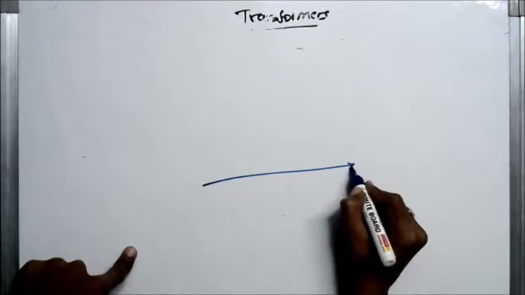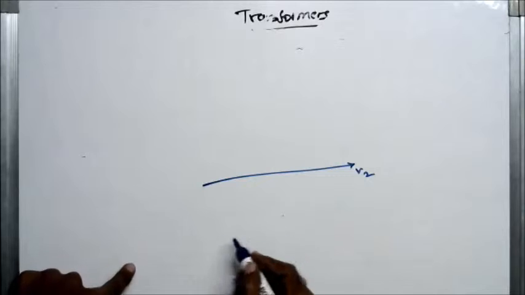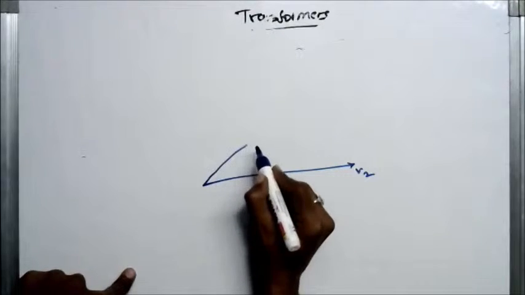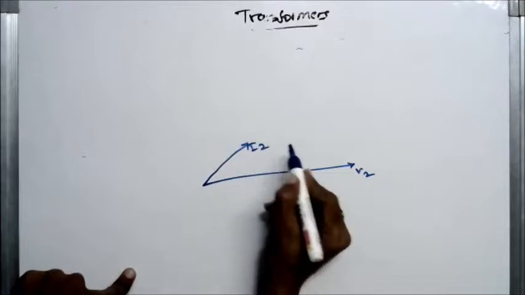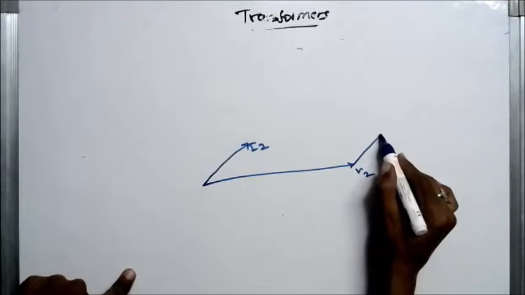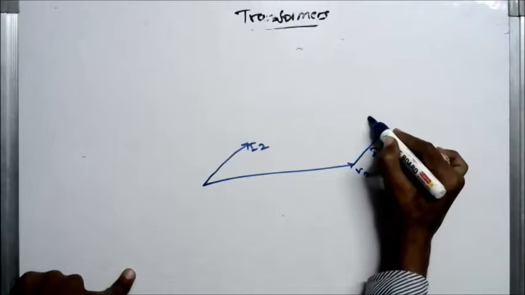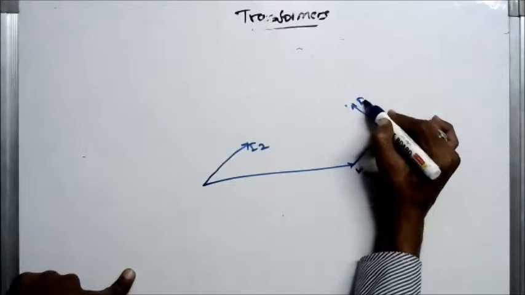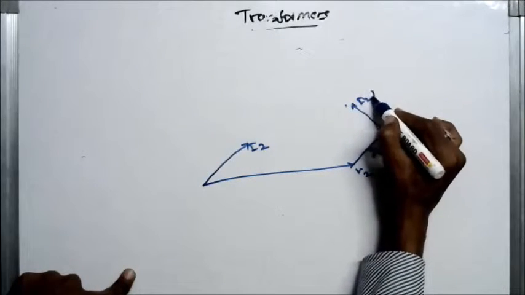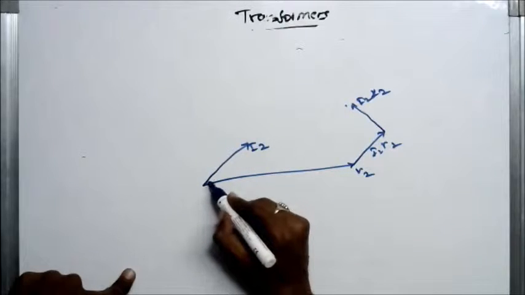This is V2. For leading load, I is leading in this way. So I2 R2 is in this way. This is I2 X2. This is E2.